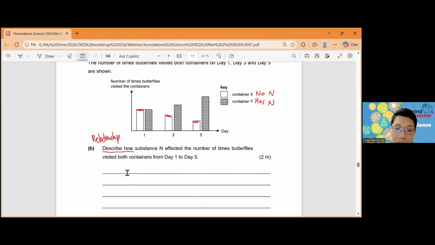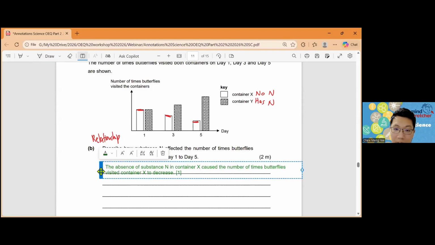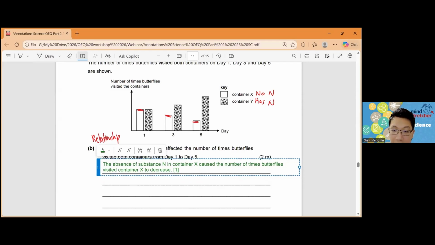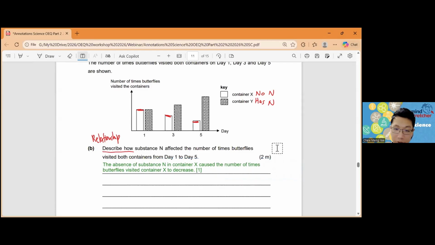So you can phrase it like this. You can say without substance N, or the absence of substance N in X. We have to mention the specific container, because otherwise, of course, they won't know what you're talking about. So you have to mention without N, or the absence of N in container X. You must mention this, that caused the number of butterflies that visited to decrease.